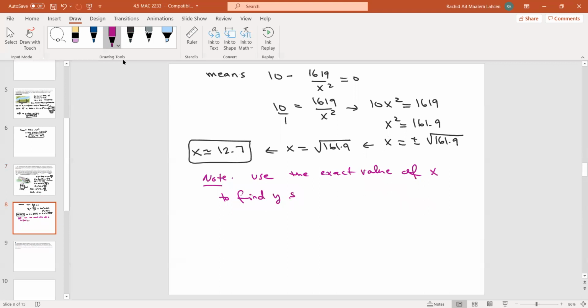This way, you don't have a computation error, because if you use 12.7, it is rounded. x equal to the square root of 161.9 is kind of exact, and x equal 12.7 is rounded, which means it's an approximated number, not exact like the other one.